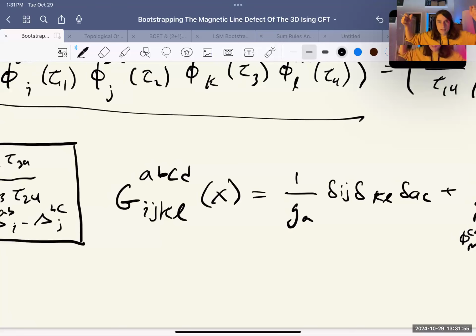If the defect type that we have at infinity is non-trivial, then the expectation value of the identity operator in the presence of some defect, which I'll call like this, will be equal to G.